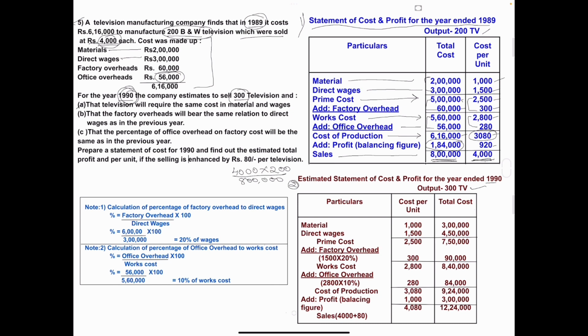So see the cost per unit column. Material amount is 1000 and direct wages is 1500. So the material and direct wages amount will be the same for 1990 cost sheet. So write material amount is 1000. Understood from where I took this 1000? From previous year cost sheet, cost per unit column. Material is 1000.